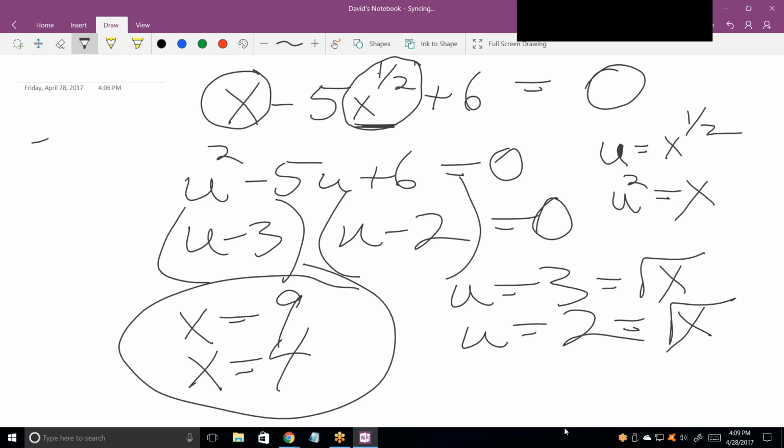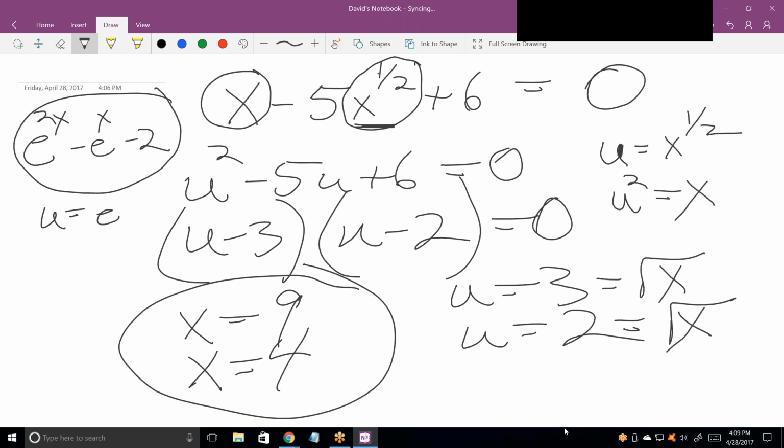If I had e to the 2x minus e to the x minus 2, same thing. That's a quadratic in disguise. In other words, the e to the 2x is the middle term squared. And I would let u equal the middle term, which makes u squared equal to e to the 2x.